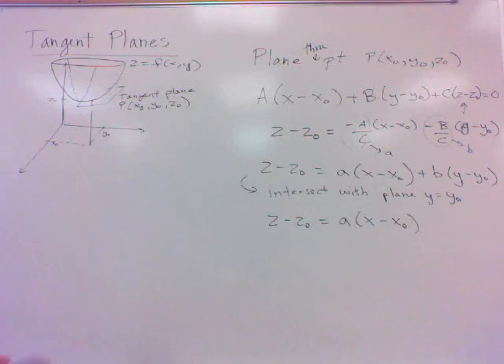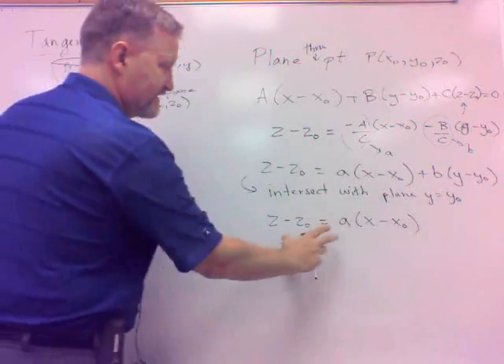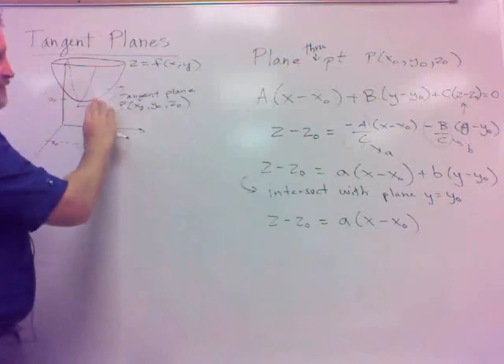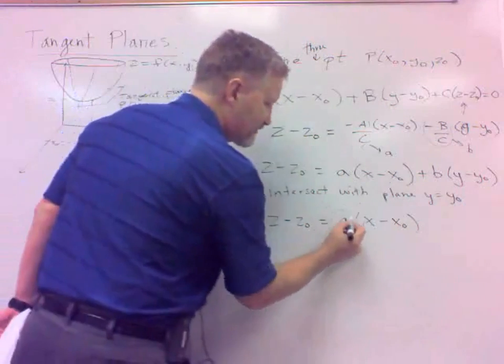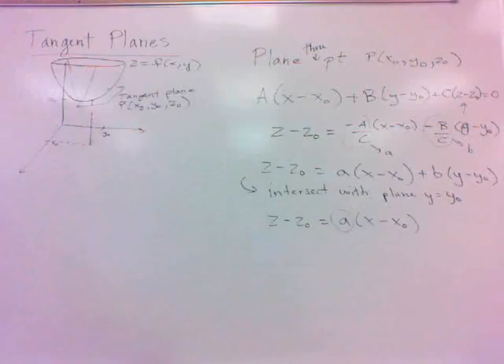Like we said, it's a tangent line at a point. Okay, so this is the tangent line for this surface, if you will, at that particular point. And like we just said, this right here represents the slope of the line.